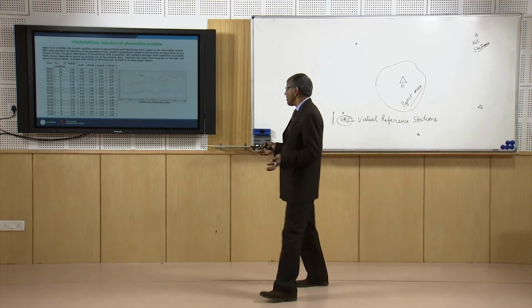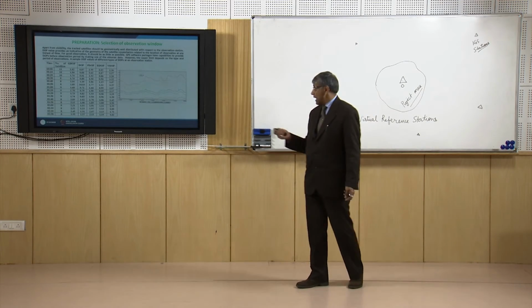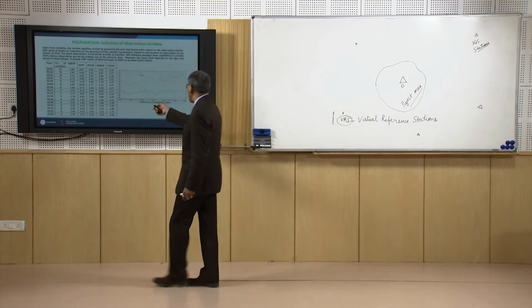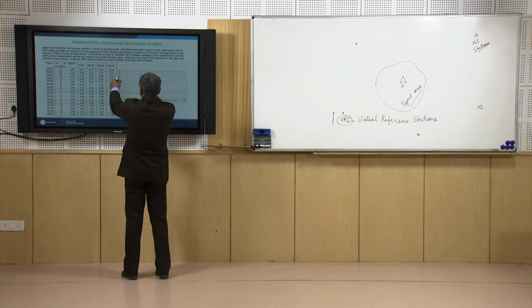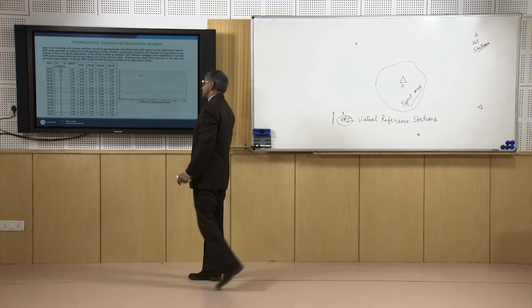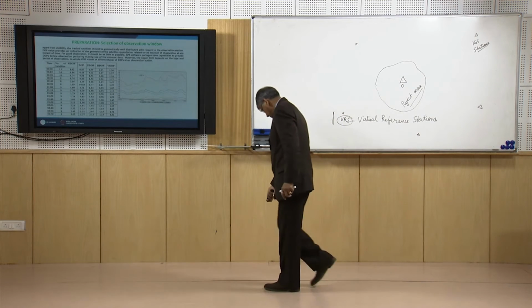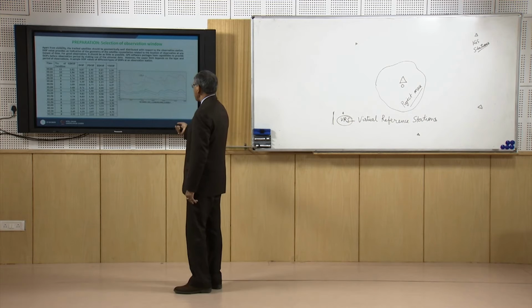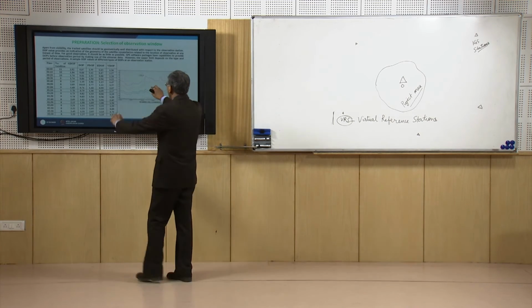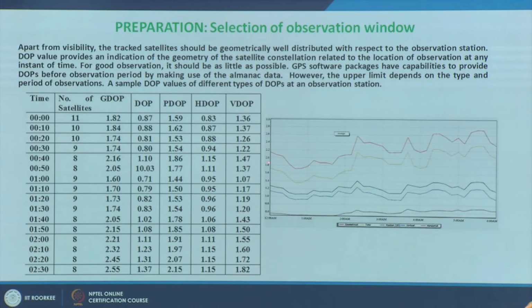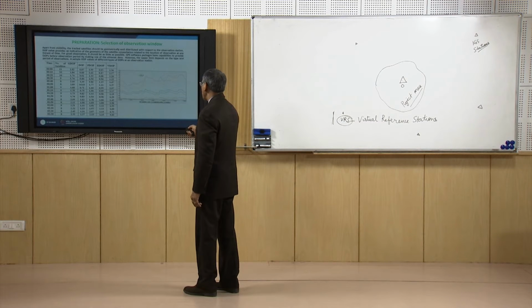The lesser the DOP value, the better it is. So in this case this region will provide us the best observation values. Here the DOP value is least at around 1230, and then it slightly increases.